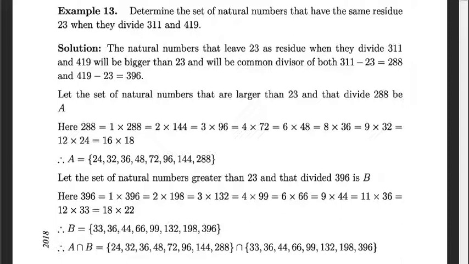288 equals 1 into 288, 2 into 144, 3 into 96, 4 into 72, 6 into 48, 8 into 36, 9 into 32, 12 into 24, and 16 into 18.